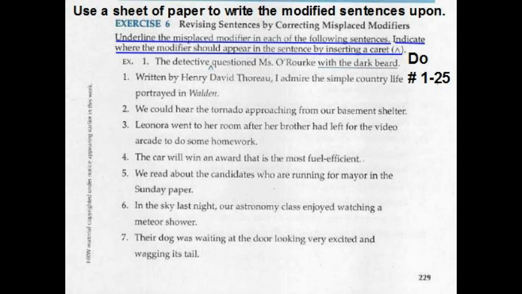I know that last week we had a little bit of trouble with the dangling modifiers, so having the answer key at the end, it'll kind of give you a better idea if you're understanding misplaced modifiers, and you could always ask me questions the next day. So right now, go ahead and pause this video and try to do number 1 through 25. And then I'll ask you to turn it back on in just a moment.